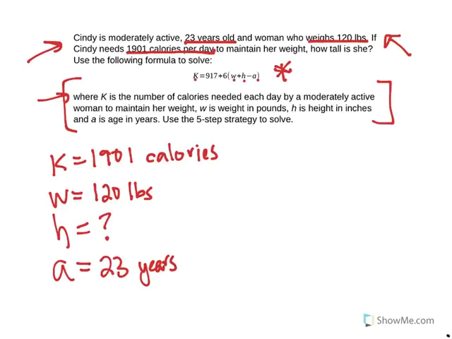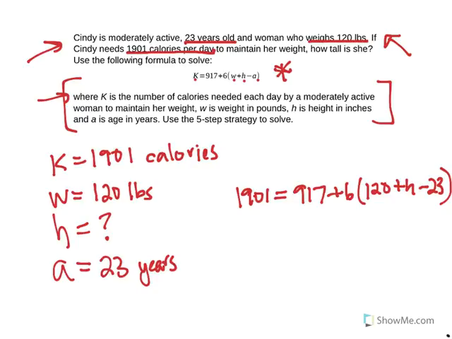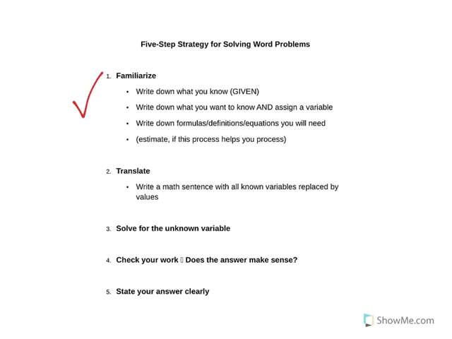Instead of the K, I'm going to write 1901 equals 917 plus 6 times, and then instead of W, I can write 120 plus, we don't know H, and then instead of A, I'm going to write minus 23. So now we've successfully translated the information into an equation. So we can check off step number 2 and move on to step number 3.